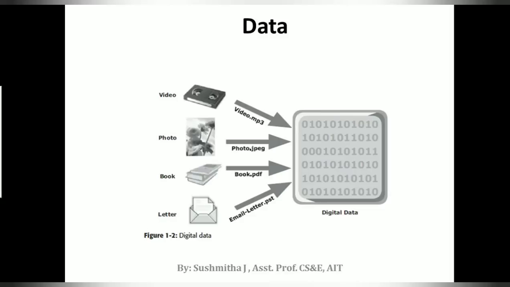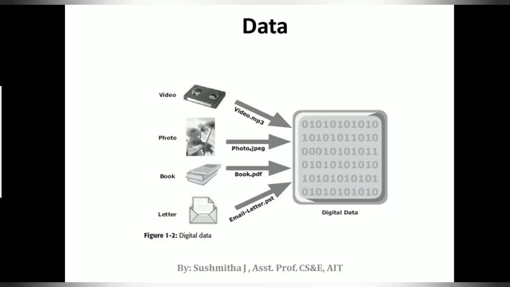Now, what is data? I think many a time we are using the word data. Now, let us see what is data. Data could be any raw fact. It could be a letter, it could be an image, it could be a video. Everything is data.